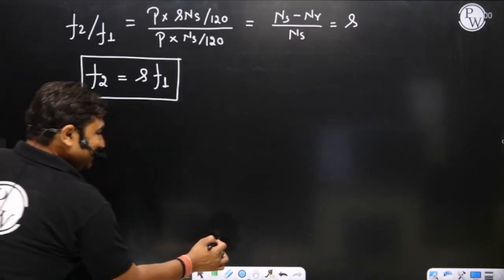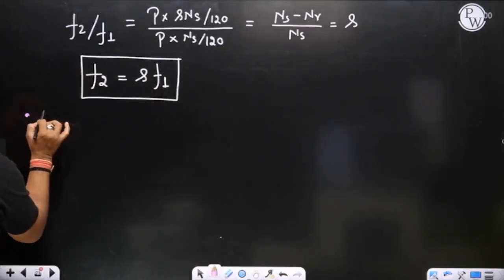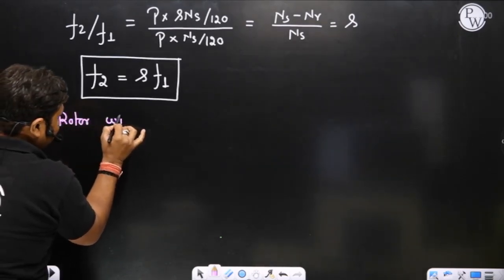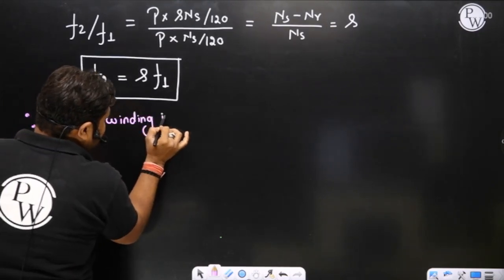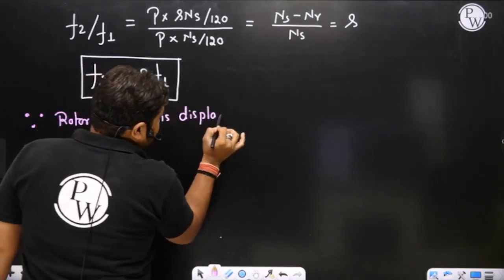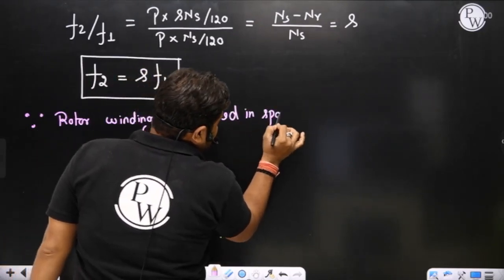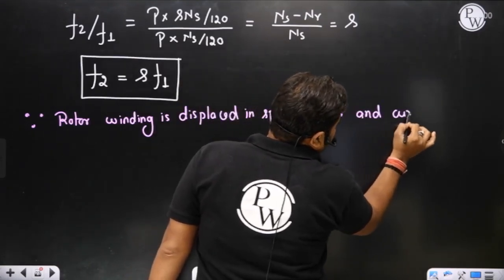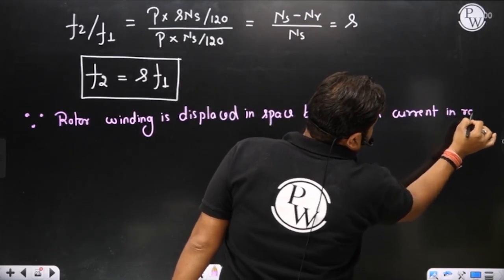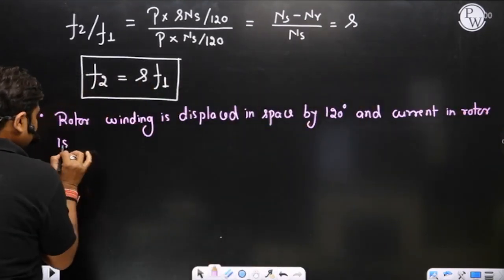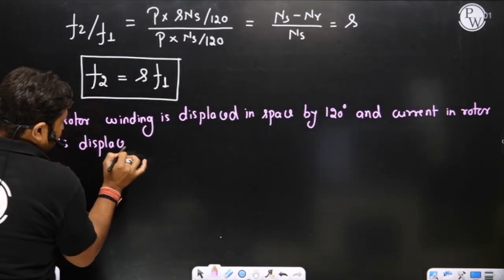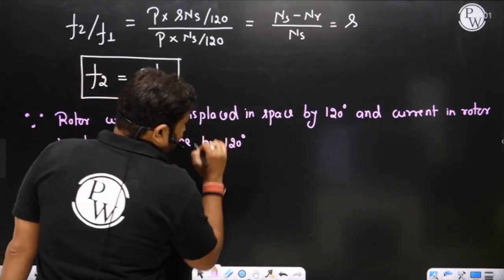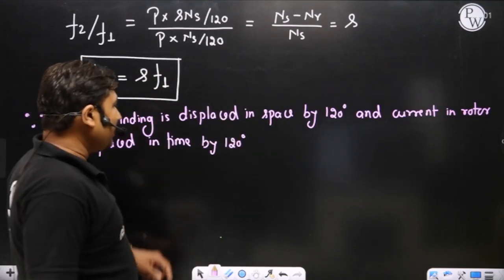So, sir, you can write, since rotor is three phase, since rotor winding is displaced in space by 120 degree, and current in rotor is displaced in time by 120 degree.